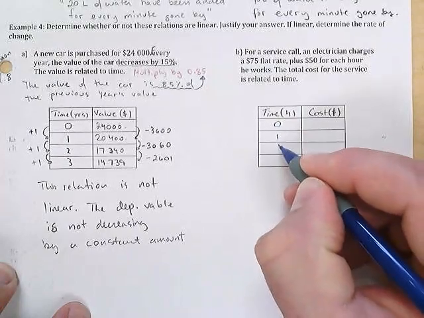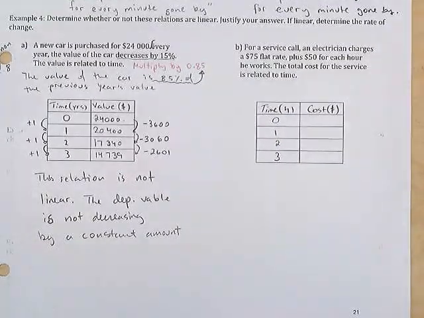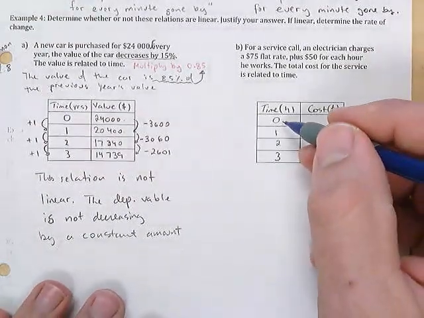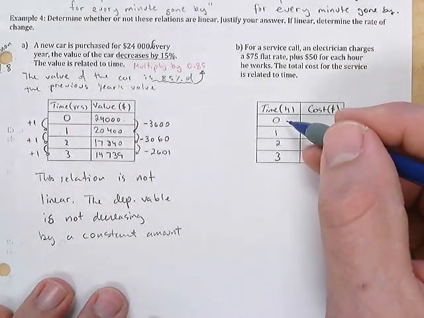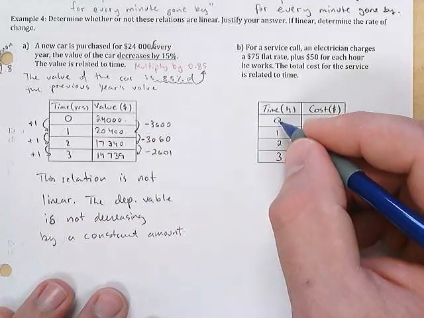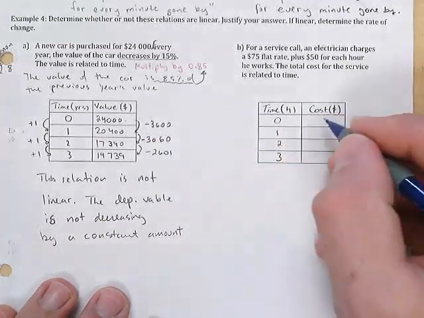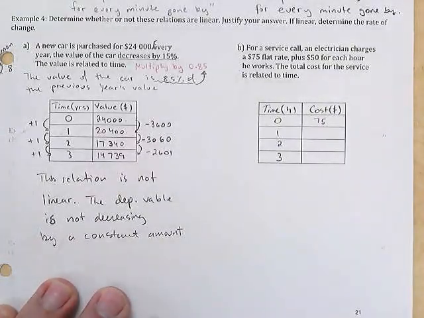Time 0, 1, 2, 3. Since it's the independent variable, you can just decide to go up by 1 here, starting at 0. So even though the electrician has worked 0 hours, you still charge 75 bucks.